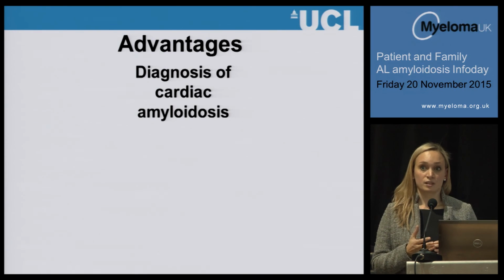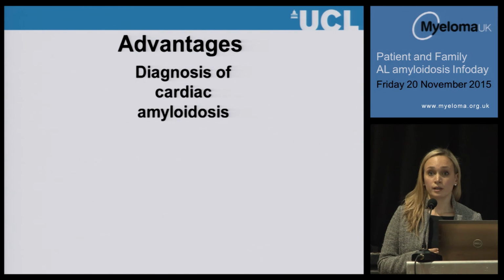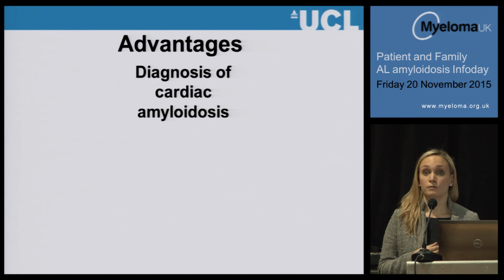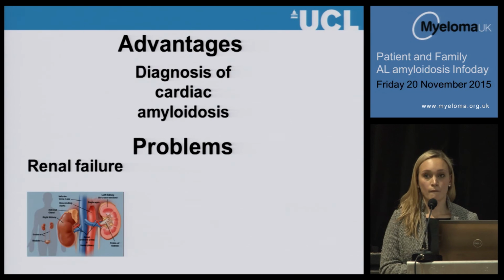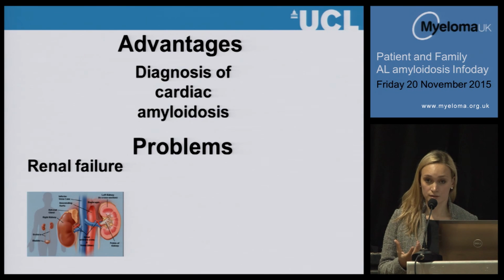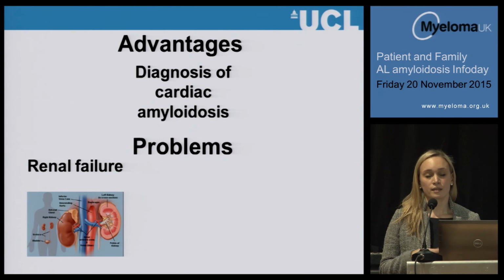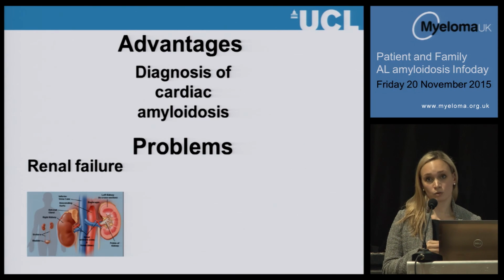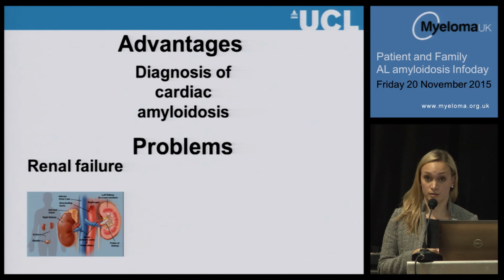So there are definite advantages with cardiac MRI for the diagnosis of cardiac infiltration, but there are problems as well. First of all, in patients with kidney failure, we cannot give contrast. There are now new sequences that we can use to avoid giving contrast, but this is still a limitation.